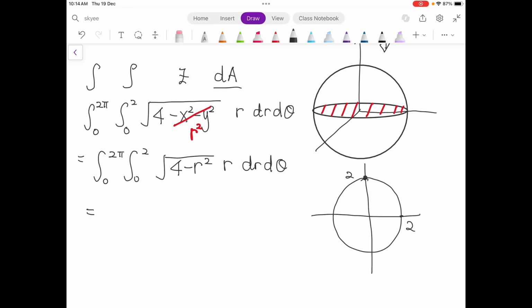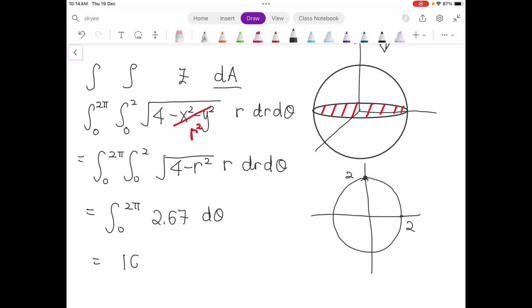So let's press the calculator. The answer is 2.67 d theta, multiplied with 2 pi.